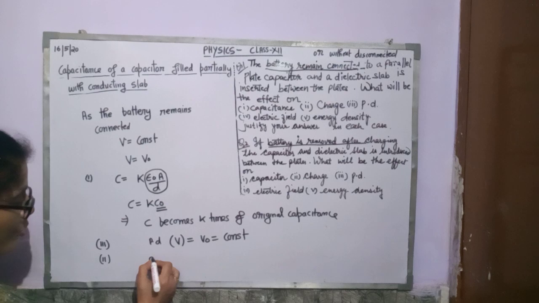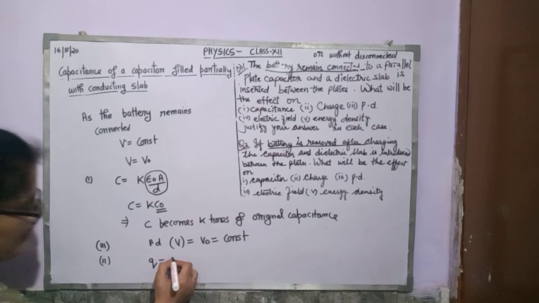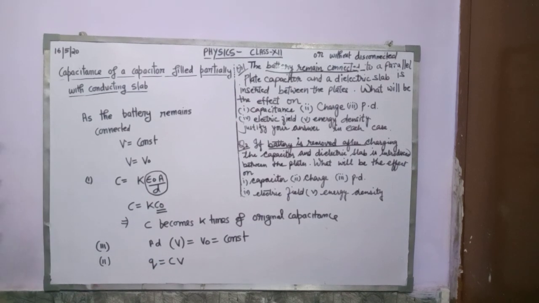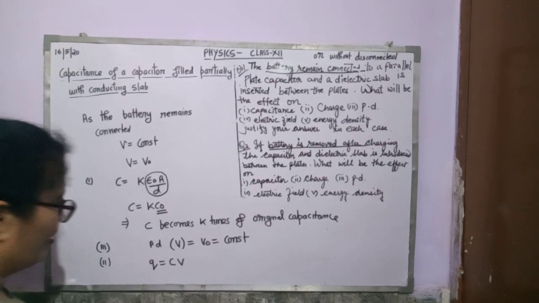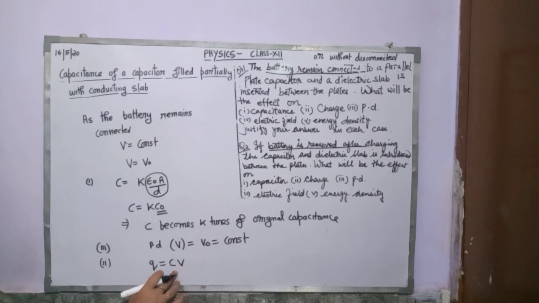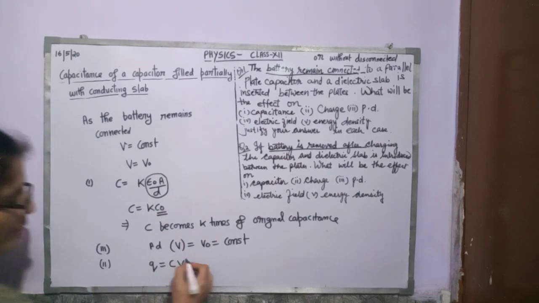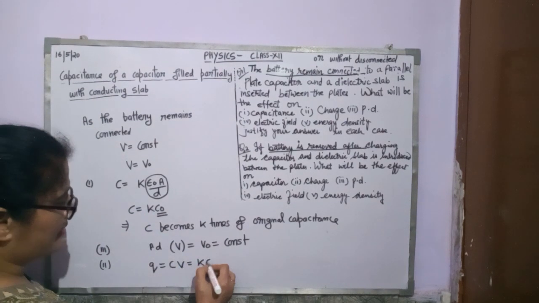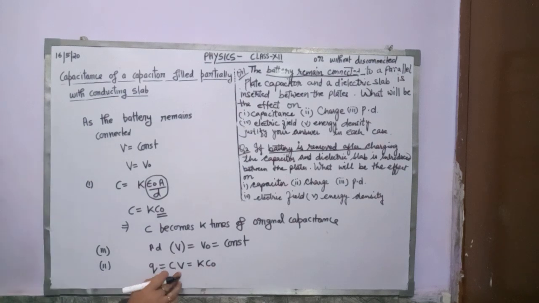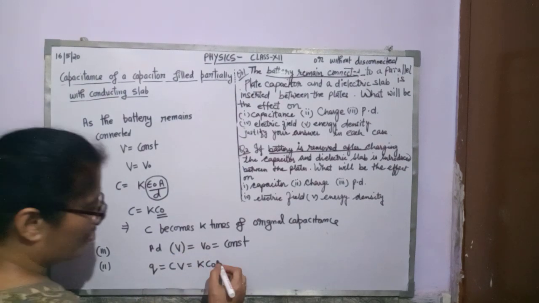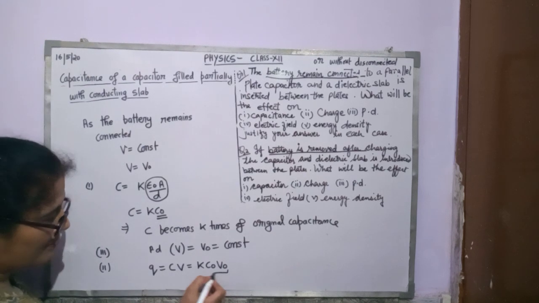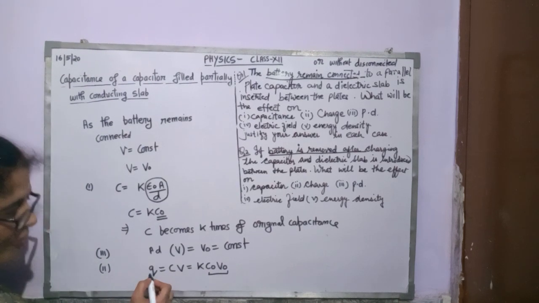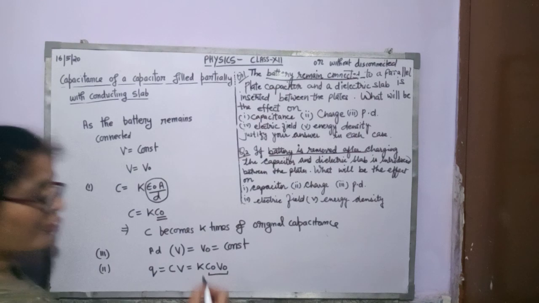Now the second one is, what about the charge? You can say Q is equal to C V. And in vacuum you know that Q naught is equal to C naught V naught. How can we write here? C is equal to K C naught. You can write here K C naught. And V is equal to V naught. C V is equal to Q, and C naught V naught is equal to Q naught.